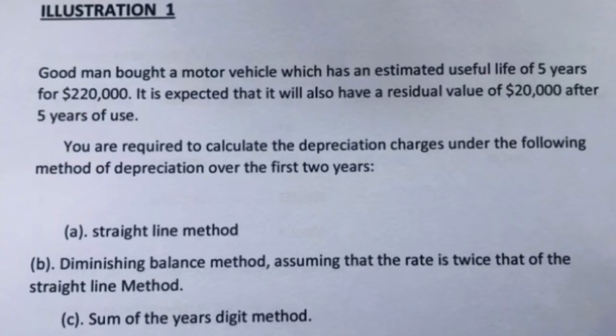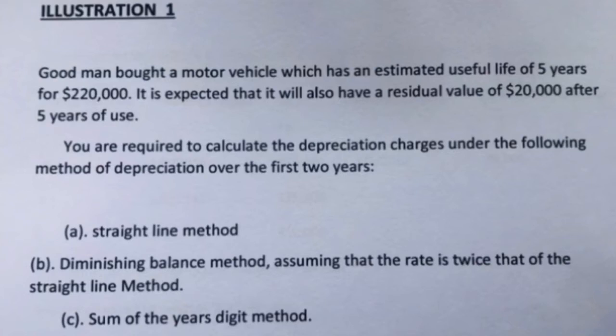A. Straight line method. B. Diminishing balance method, assuming that the rate is twice that of the straight line method. C. Sum of years digits method. So we are going to use 3 different methods to calculate the depreciation for 2 years.